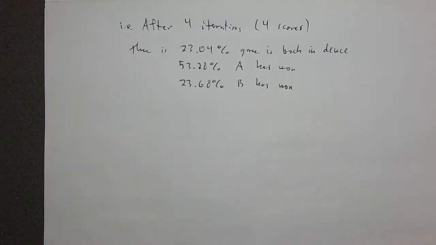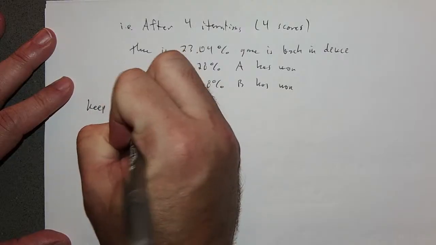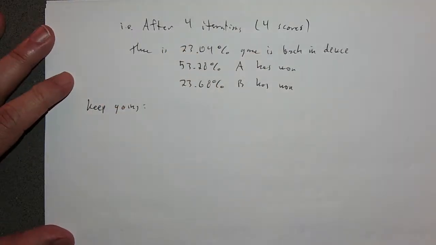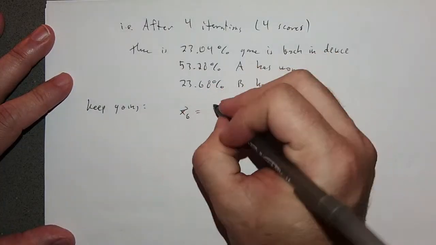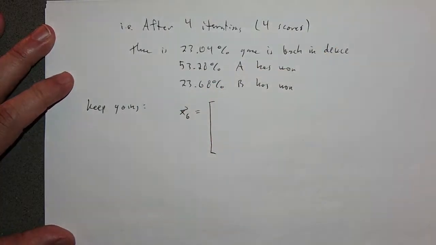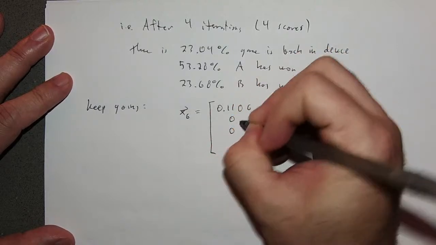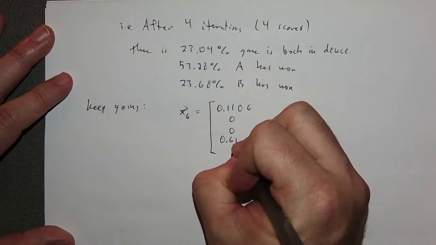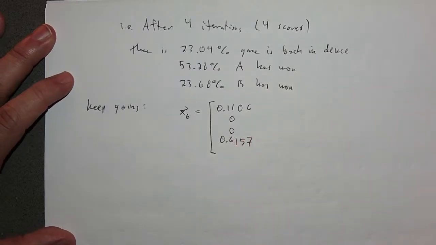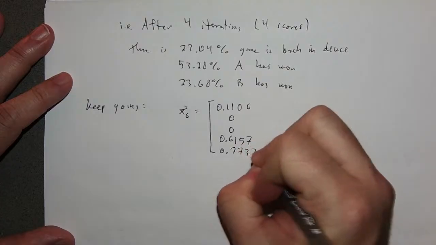Let's keep going. If we keep going, x sub 6, for instance, is like 0.1106, 0.6157, and 0.2737.